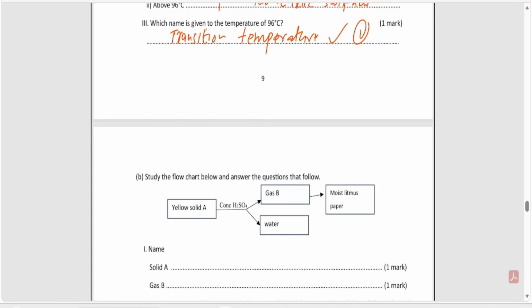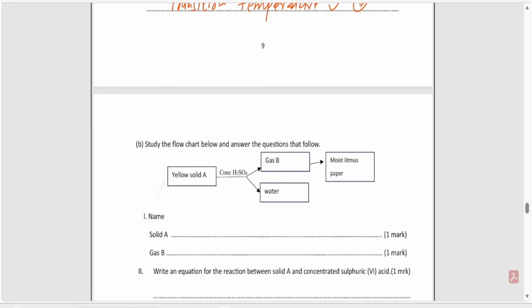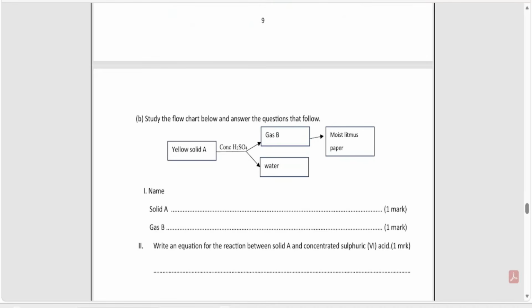Let's now move to part B of this question. Study the flow chart below and answer the questions that follow. We have yellow solid A. Yellow solid A is reacted with concentrated sulfuric acid and we obtain gas B and water. And then moist litmus paper is used in this case. So we are being told yellow solid A is what?